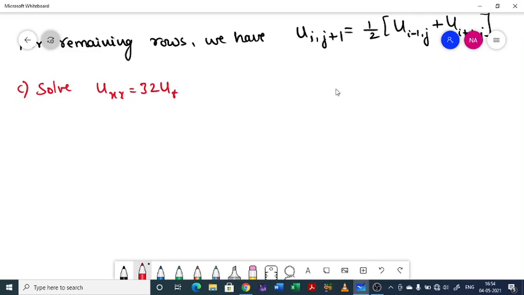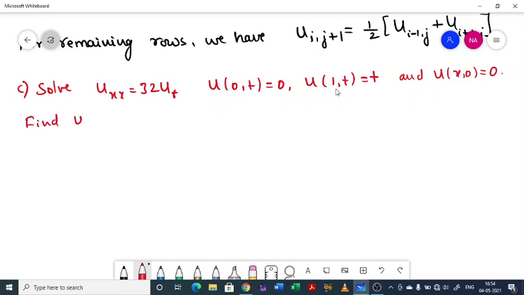Solve u double x equal to 32 ut, subject to the conditions u of 0 comma t equal to 0, u of 1 comma t equal to t, and u of x comma 0 equal to 0. Find the values of u up to t equal to 5 by Schmidt process.